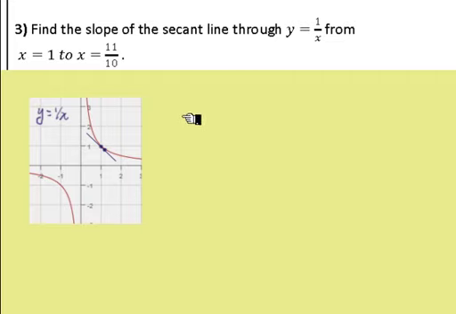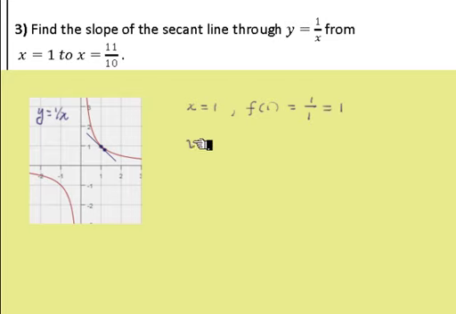All right, so our slope is equal to, well, if we label these points, first let's say the first point has x coordinate x equal 1, and it has y coordinate 1 over 1, or 1.